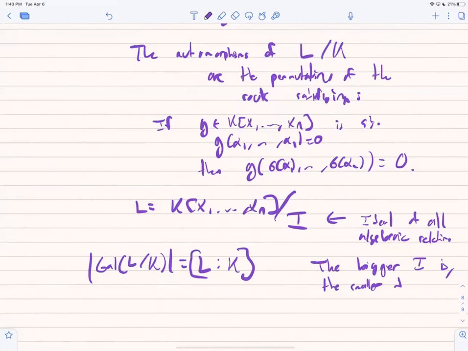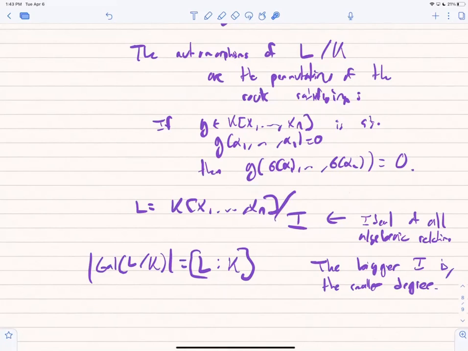Literally, the more algebraic relations you satisfy, the more things are in I, the smaller this quotient is going to be, which means this degree is going to be smaller, which means the Galois group is going to be smaller. So if you think about it this way, you can literally see how non-trivial algebraic relations are forcing your Galois group to be smaller.